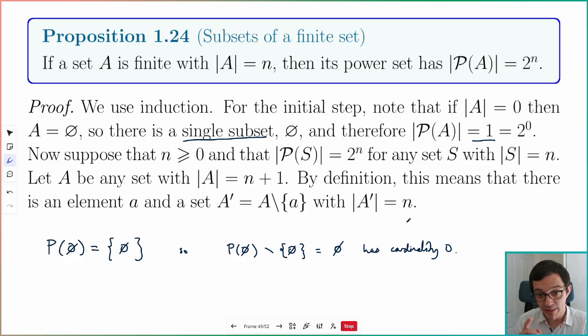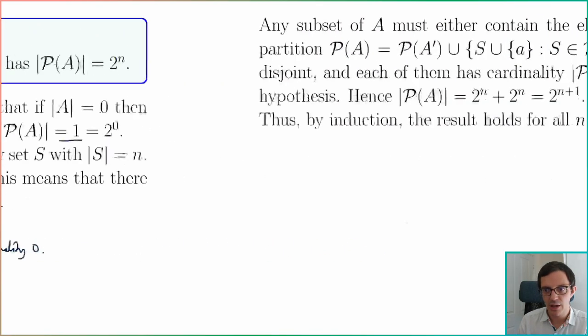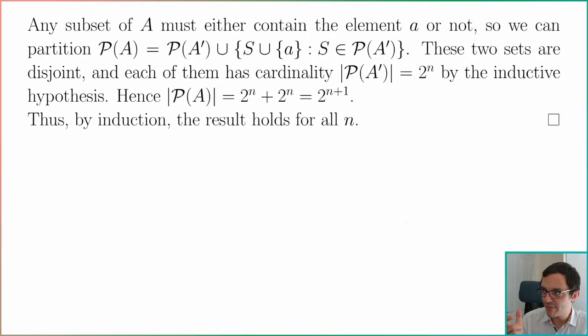Okay, I need to talk about the power set of A. My plan is to split that up into subsets of A that contain the element a or don't. The 2 possibilities. That's where the number 2 comes from in this problem, I suppose. So we can partition this, which just means to split it up, into a union between the power set of A prime, subsets of A prime.